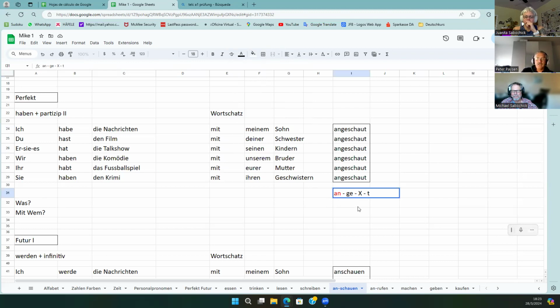We have our ge, which gives you the indication it's a perfect. Then you have your verb, which in this case is schauen. And so you get your main part of the verb without the en. So schau. And then we got the ending t. So all of a sudden now it turns into angeschaut. Ich habe die Nachrichten mit meinem Sohn angeschaut. Okay.